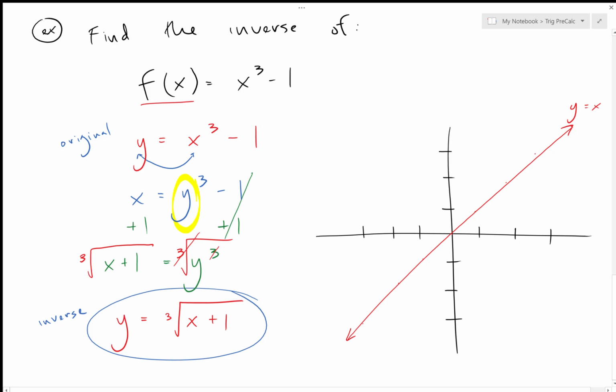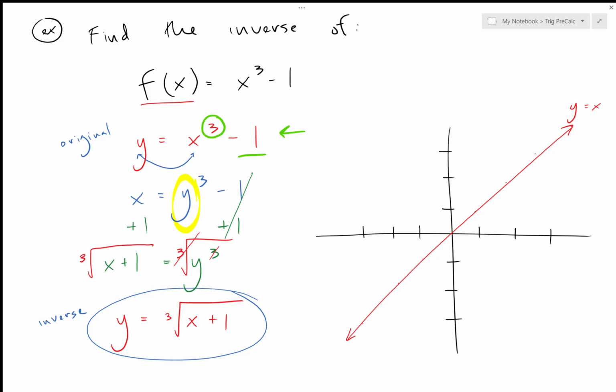All right, so the original graph right here is y equals x cubed minus 1. And if we remember from what we learned earlier, biggest exponent is 3. That's odd, so the arms are going opposite directions. And the first term, a, is positive. So this should be going from low to high. And if we think back to our transformations, minus 1 means this is a vertical shift, and 1 downwards.